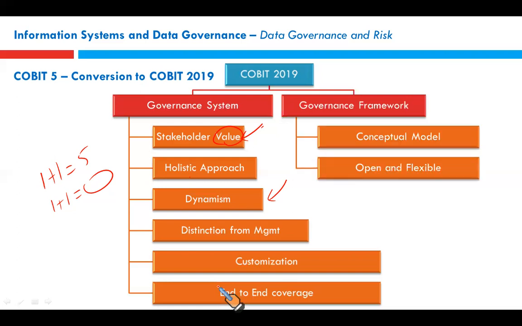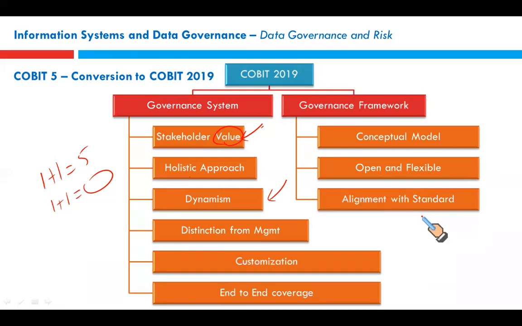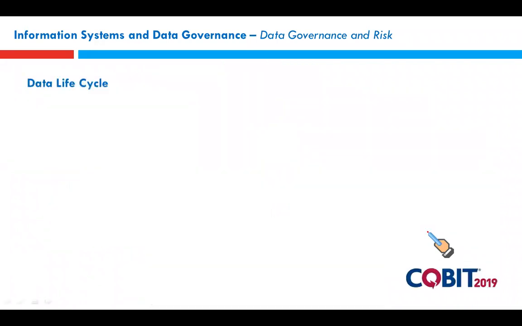It's a conceptual model, must be open and flexible so that we can accommodate changes, and it must be aligned with the standards, with the business plan or the strategic plan that we use for our organization as a long-term plan. So this is briefly, COBIT 2019 is given briefly, just hardly half a page in your book. So just keep it to that point, do not overdo, not needed.